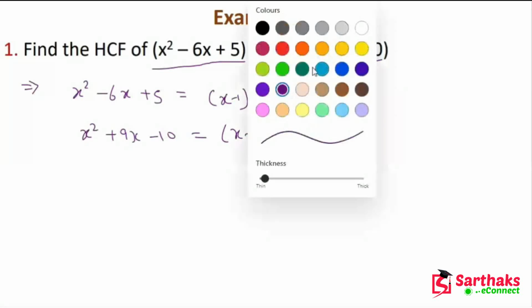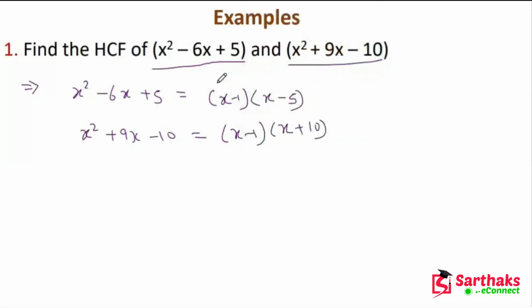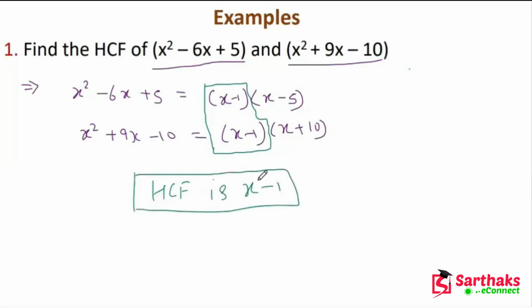Yes, exactly, as you can see, the common factor is x minus 1. So the HCF of these polynomials is what? Yes. So therefore HCF is x minus 1. This is our answer.